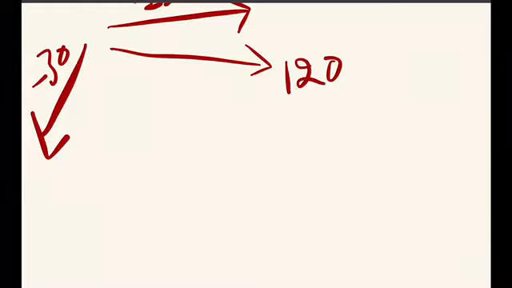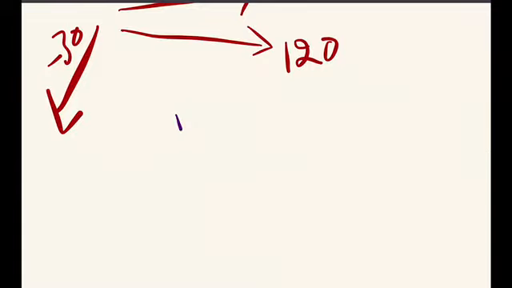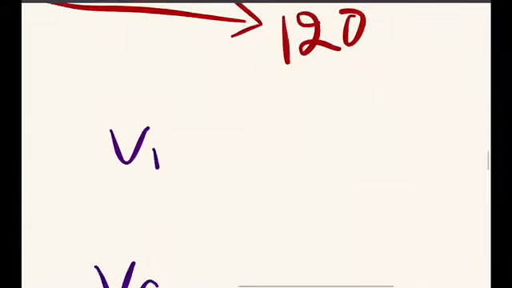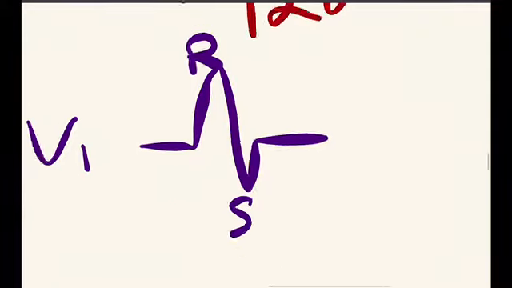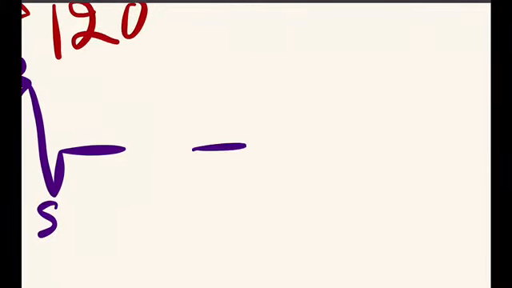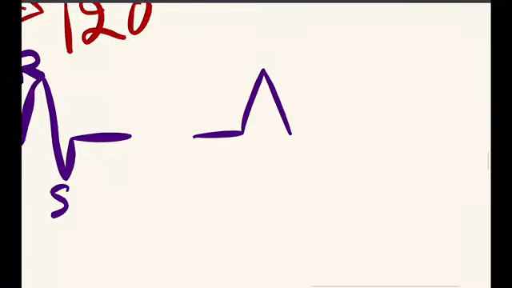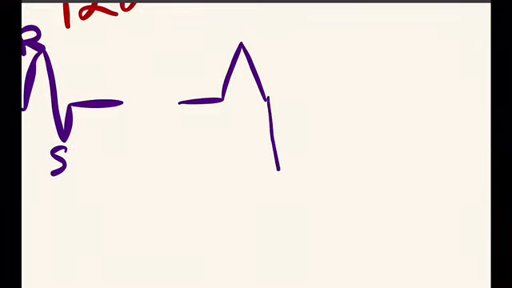If we look at the normal ECG of these persons, we will first check the V1 lead and then the V6 lead. So the normal ECG in V1 will look like this: R wave because of the septal depolarization, S wave because of the ventricular depolarization. Now the septal depolarization will remain the same, but in the ventricular depolarization there will be a more negative S wave.